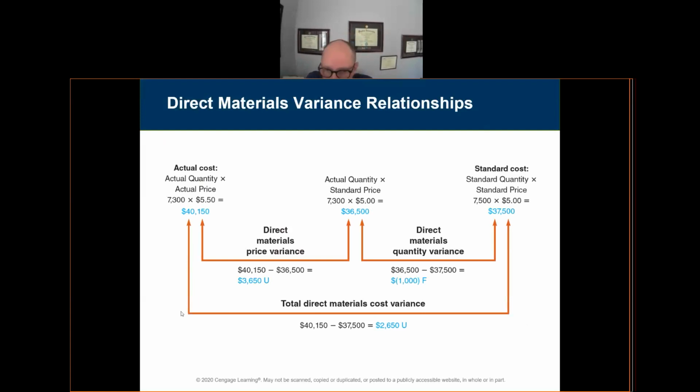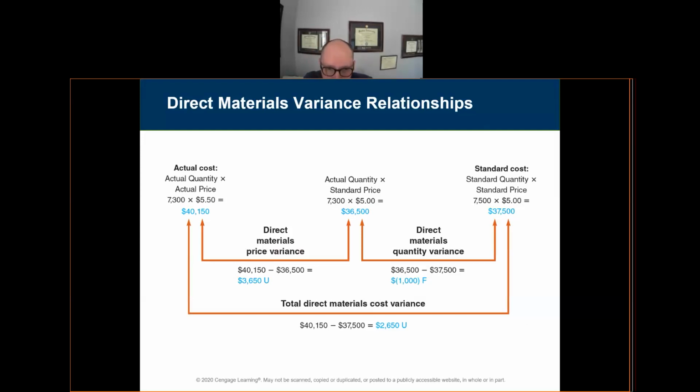Here's a nice visual representation of the three components. It's an okay visual, it's not the best. We can see actual versus our standard. Actual, 7,300 square yards times $5.50 per square yard, 40,150. The standard, 7,500 square yards budgeted times $5 per square yard budgeted, 37,500.